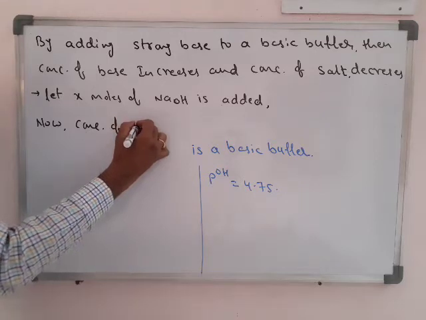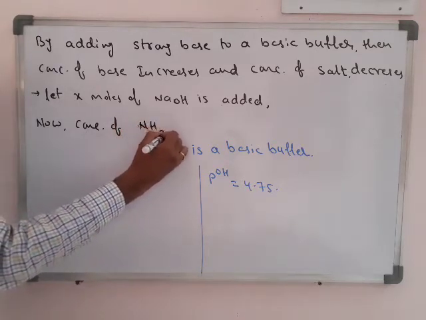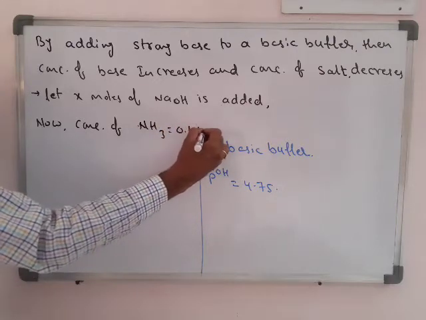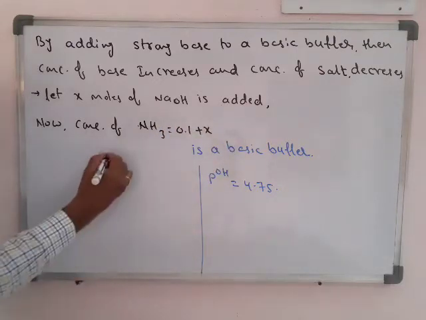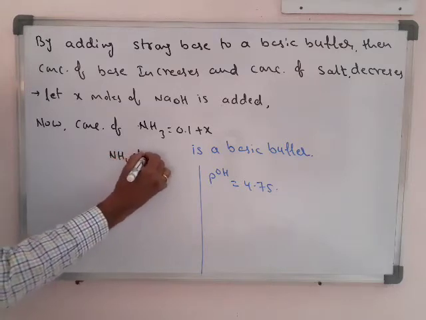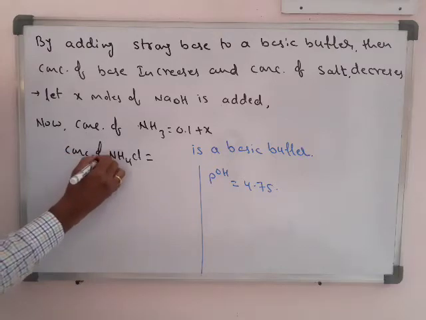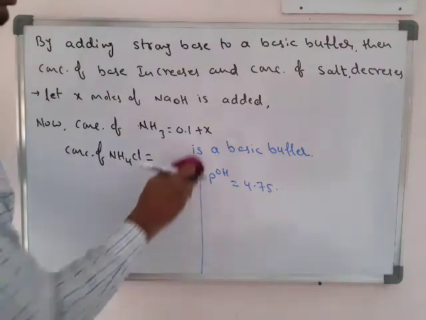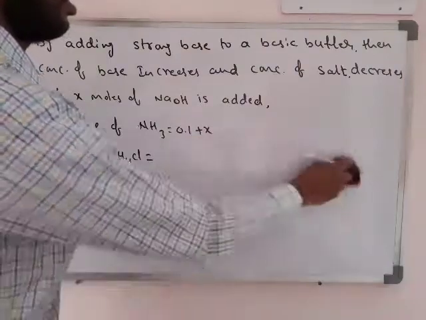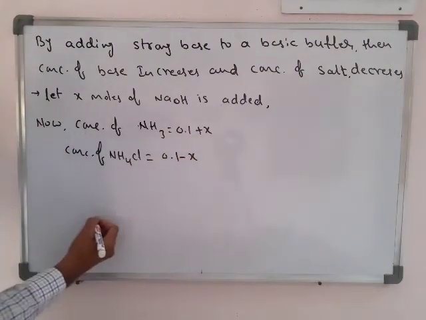What is the base? The concentration of ammonia. So the concentration of ammonia becomes how much? 0.1 plus x. Now what about the concentration of the salt? The concentration of salt NH4Cl is 0.1 minus x.